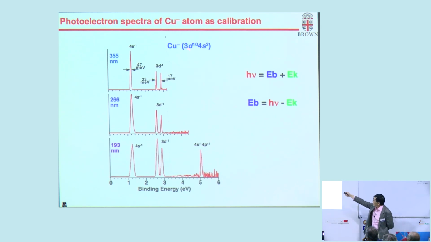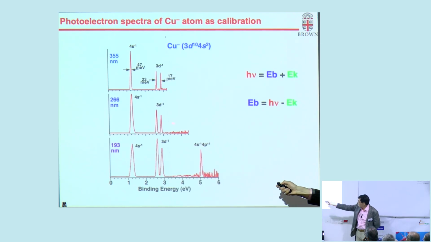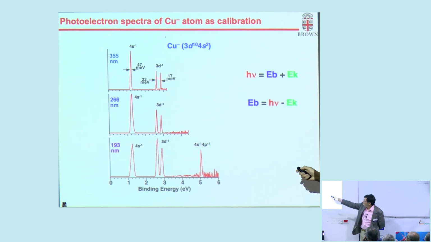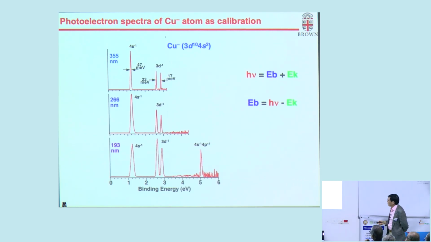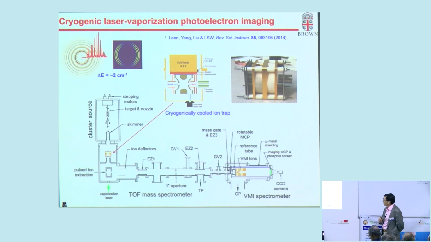If you remove an electron from the 3d orbital, you have a 3d9 configuration, you get a 2D final neutral state, and you have a spin-orbit coupling from the d orbital. We measure the kinetic energy of the electron, then we obtain the binding energy of the electron in the anion or in the molecule. So we usually plot in terms of the electron binding energy inside the anion.